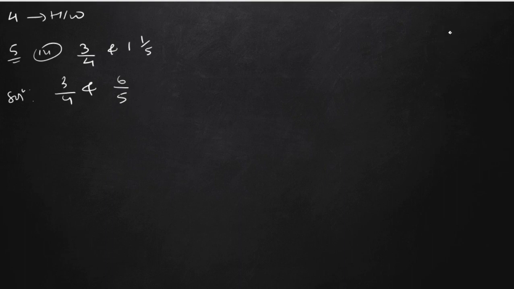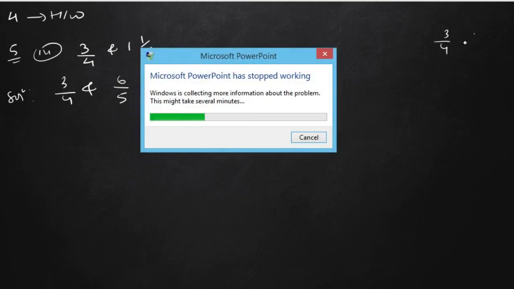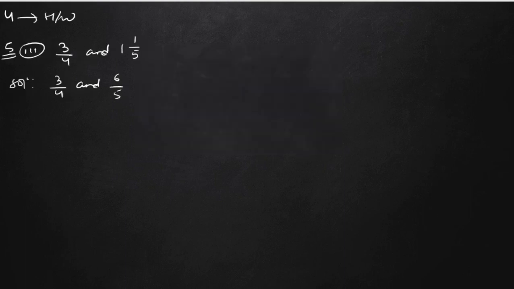So if we divide it, obviously this 3 by 4 is greater than 0. Here we can see that our 3 by 4 is less than 6 by 5. So 6 by 5 is obviously greater than 1 and 3 by 4 is greater than 0, so 6 by 5 is greater.